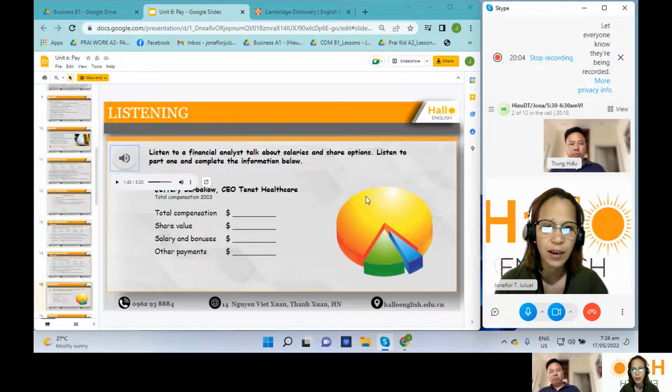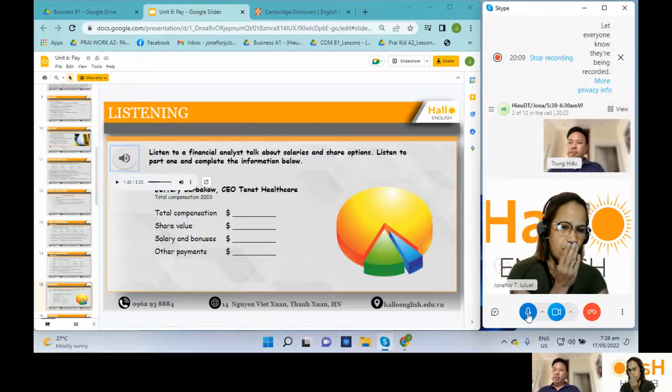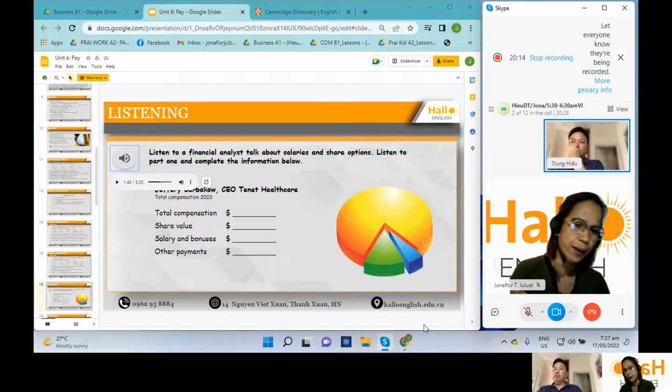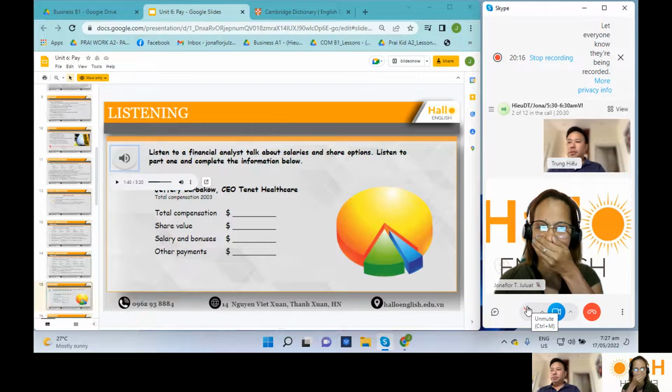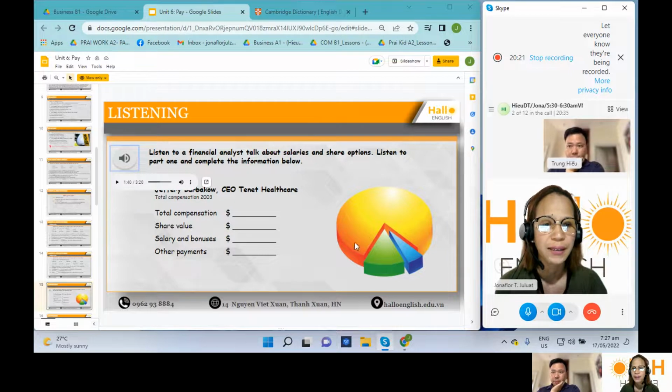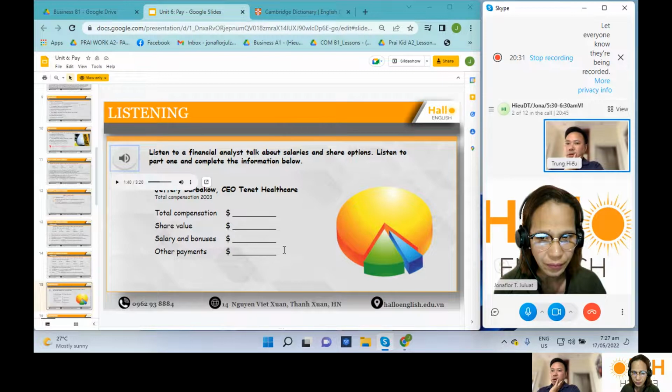Okay, so in this diagram, what is the biggest part? This yellow one. Is it the share value, the salary? Total compensation. Yes, it's the total.